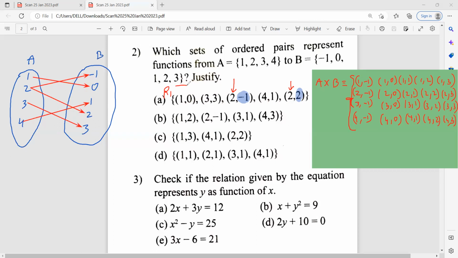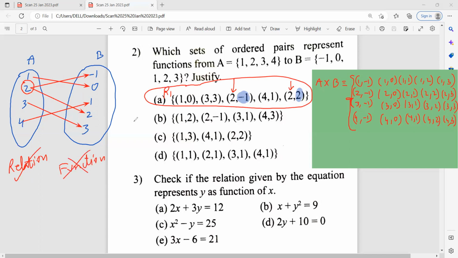If you use arrow diagrams, the diagram will come this way. You notice that for 2, there are 2 images, and hence it is not a function. It is only a relation, not a function. Is this a relation? Yes. Is this a function? No, it is not a function.